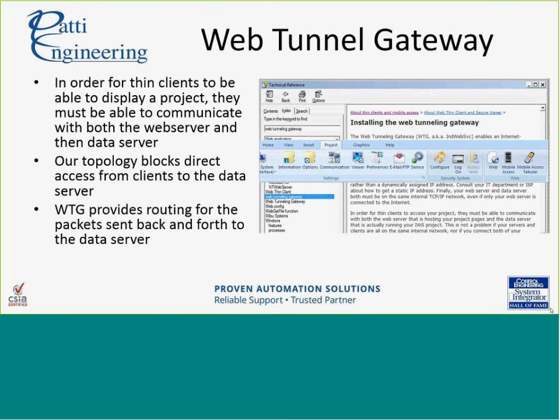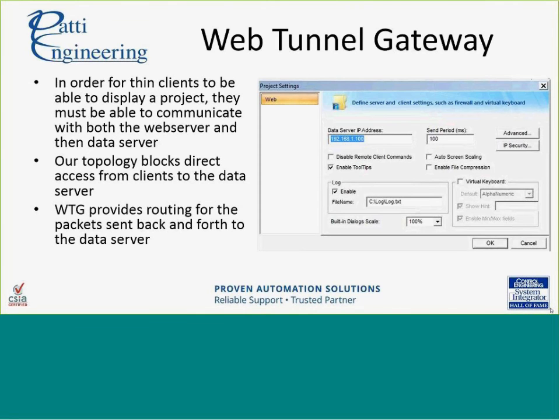So once you get the application installed based off of the help document, there's still some configuration within InduSoft that you need to do. When you come to the ribbon, go to the project tab, select web, and that brings up the project settings. So this data server IP address is the IP address that gets embedded into your project, that when clients go out to the web pages, they say, okay, this is the data server that I need to hit.